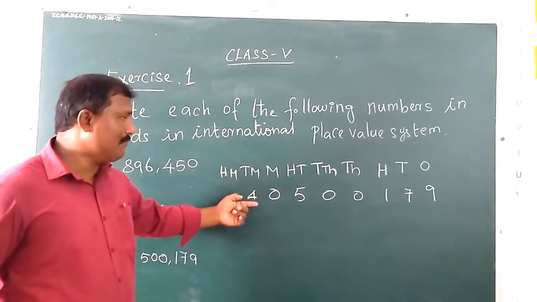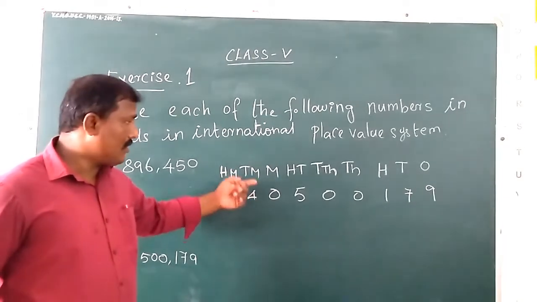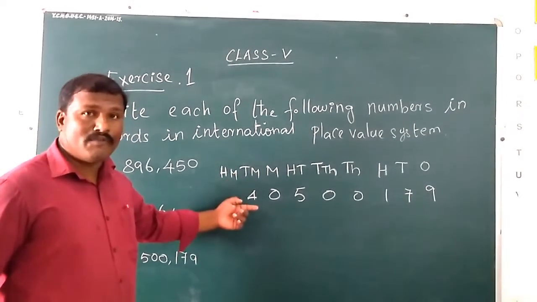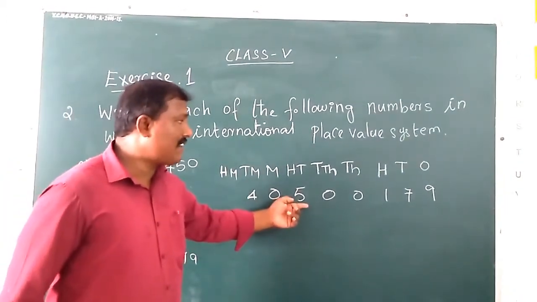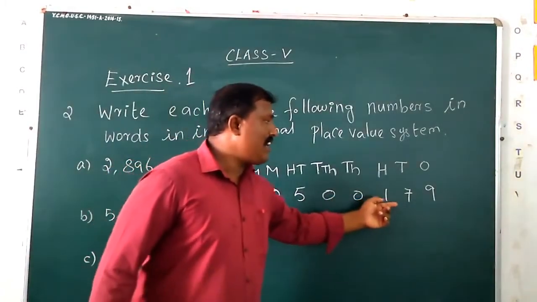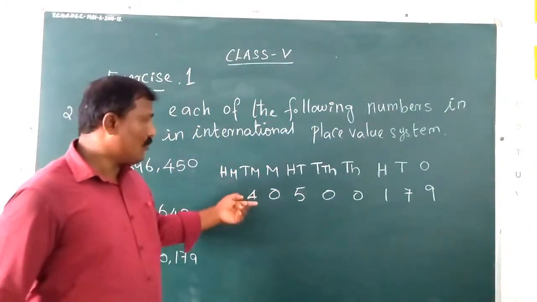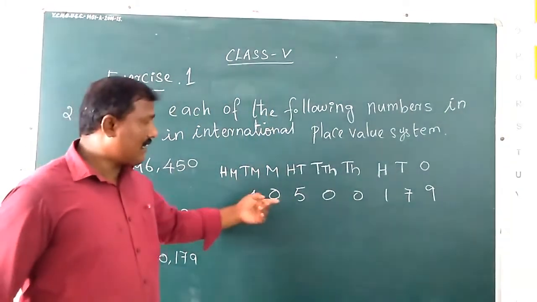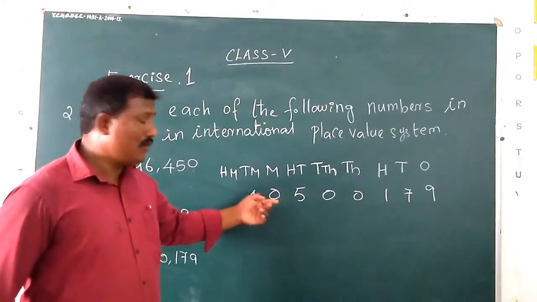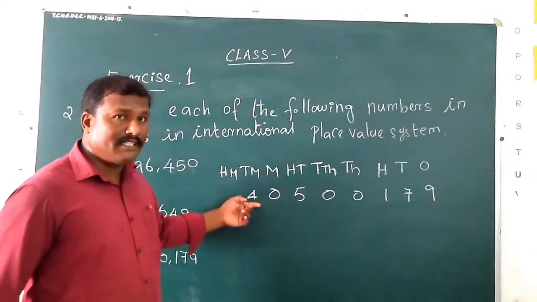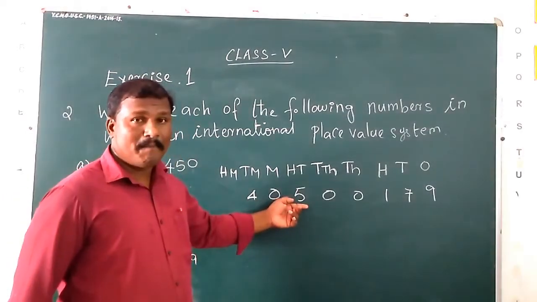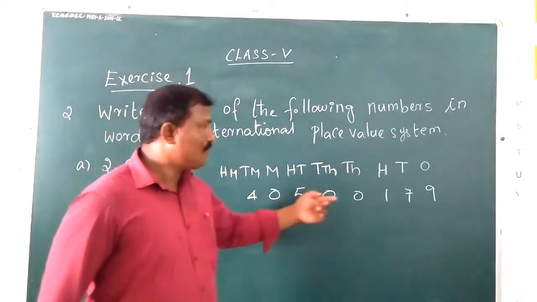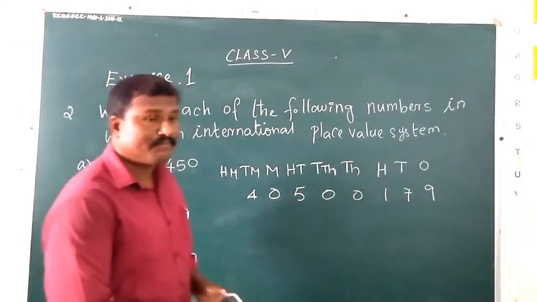10 times 4 is 40, so 40 million. Here there are no numbers in the million place, so only 40 million, then 500,000, 179.